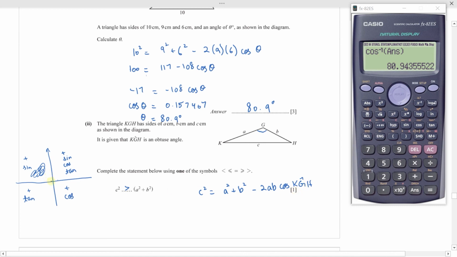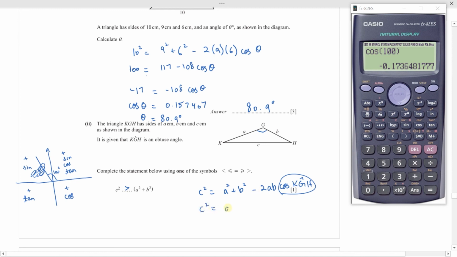Let's take any value between 90 and 180. Let's take 100 degrees. Let me show you on the calculator. Cos of 100 is a negative value, minus 0.173. Similarly, if you take any value between 90 and 180, the cosine value will be negative. So once I take the cos of this, it will come out negative, and this negative sign will become positive.